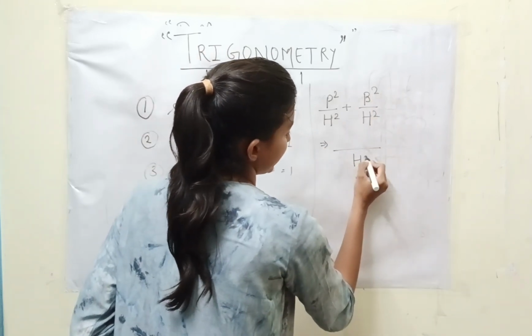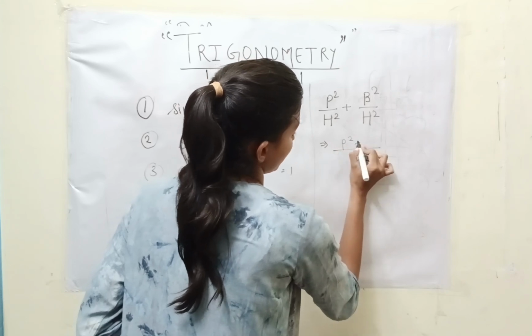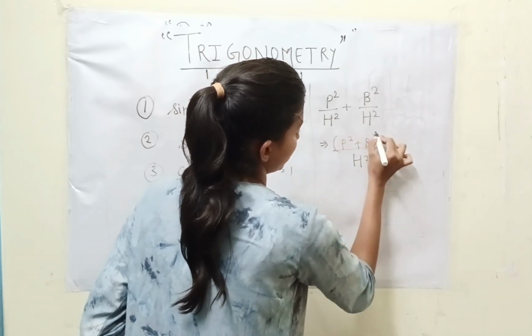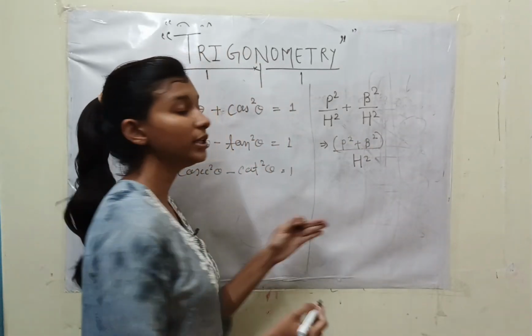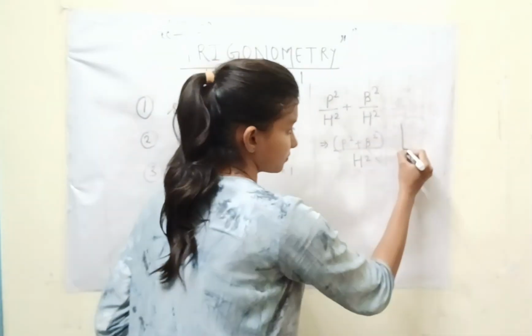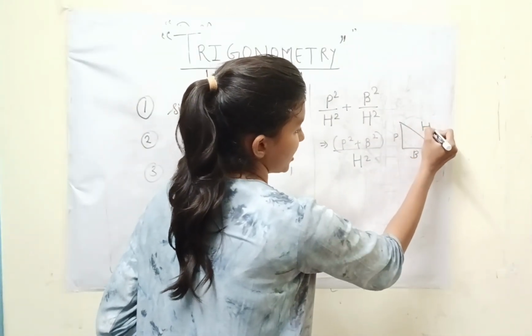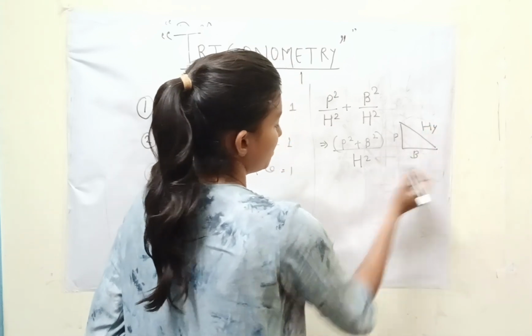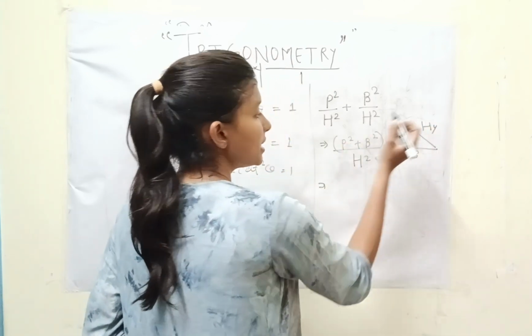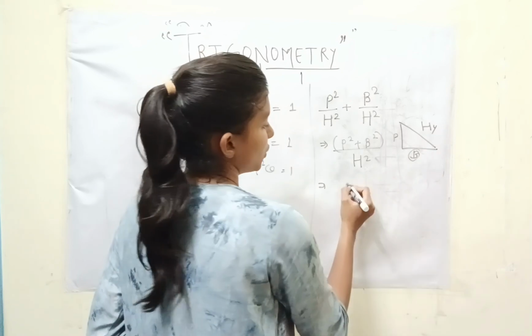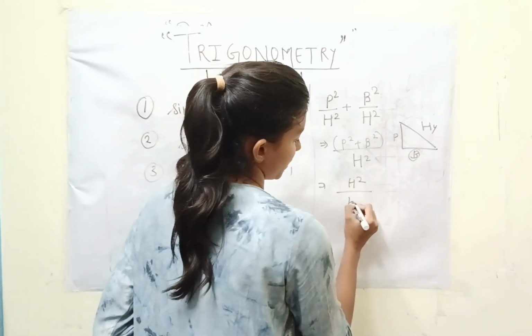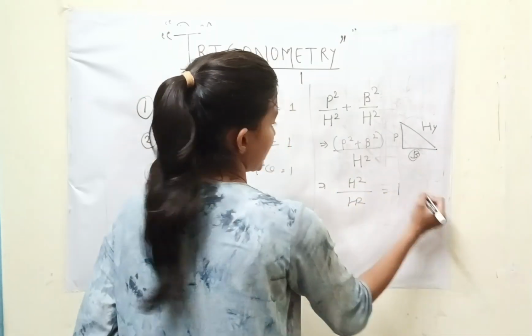Now, by taking LCM, we have got this. And according to the Pythagoras theorem, with P, B, H being perpendicular, base and hypotenuse, perpendicular square plus base square is equal to hypotenuse square. So this is one, as proved.